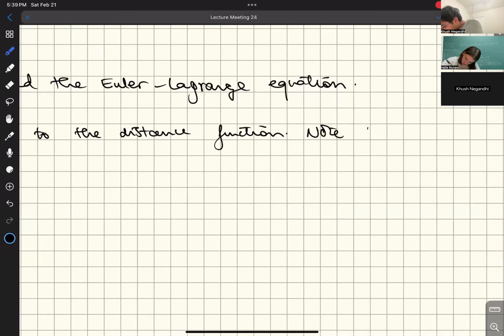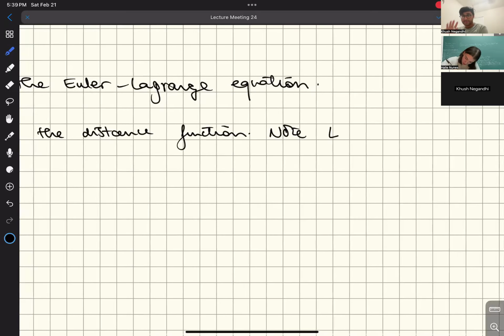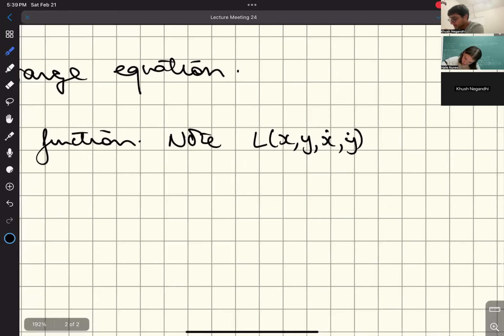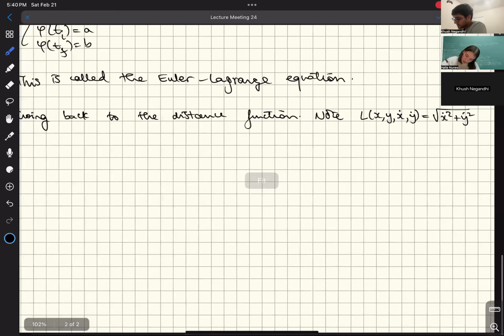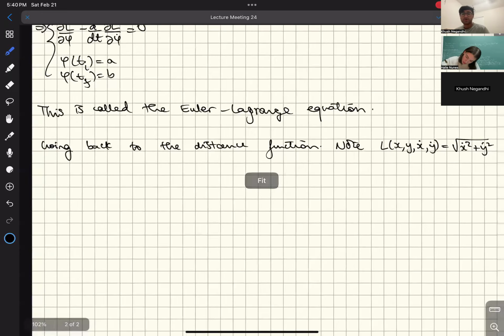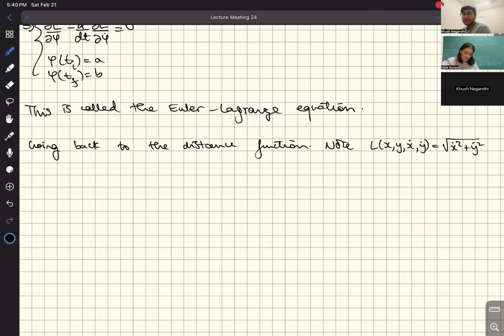Note in this case that L is actually a function of four variables, you could think, x, y, x dot, y dot. And all it did was give you the square root of x dot squared plus y dot squared. One thing to note is that L doesn't actually depend on the position, the place you are, right? It turns out that this is a very important observation.